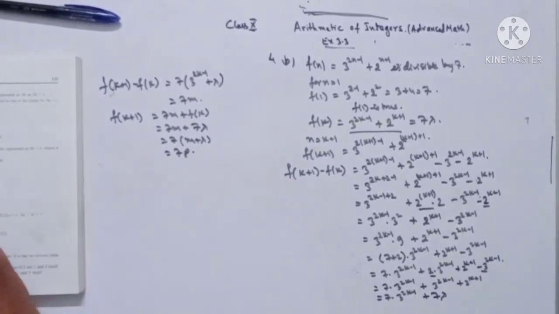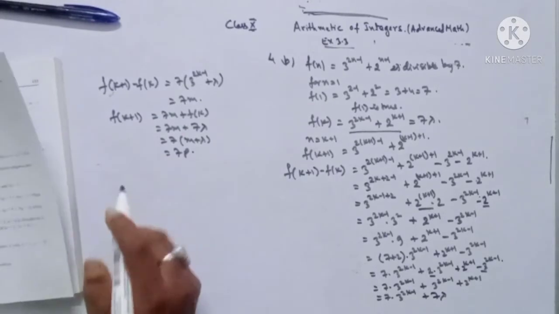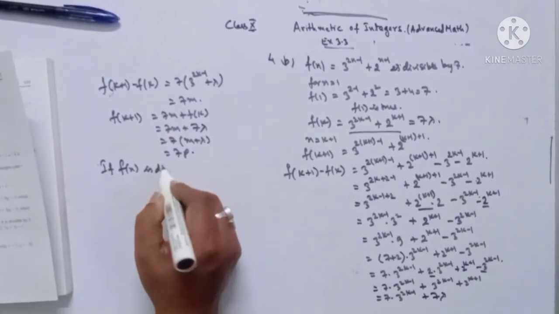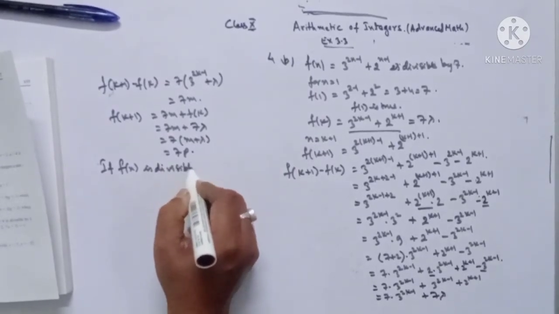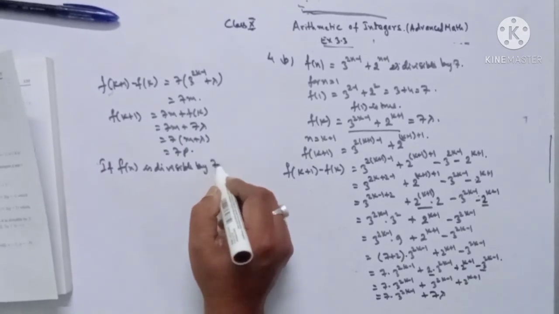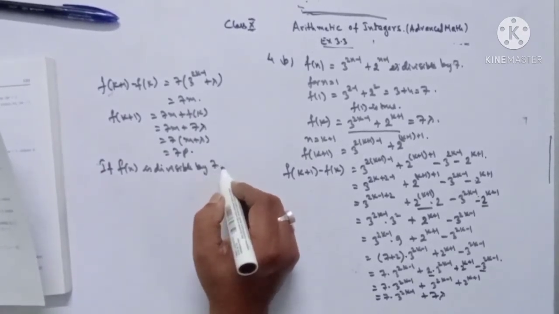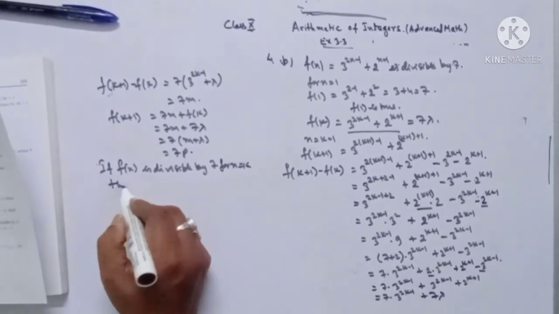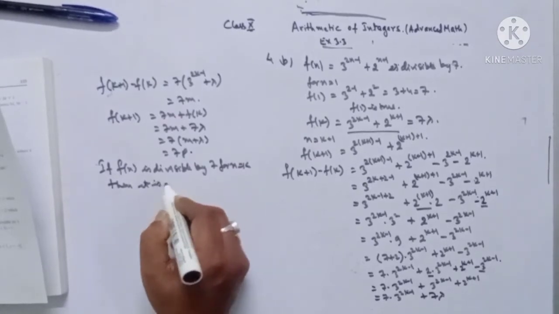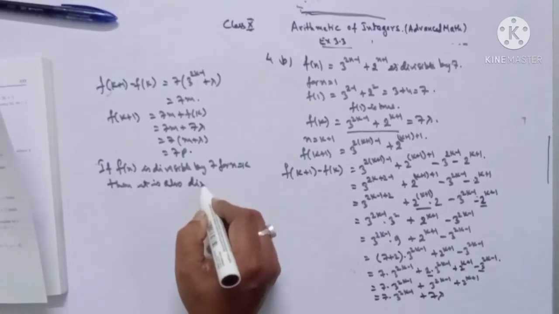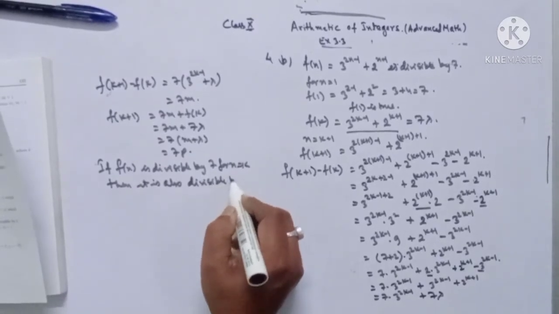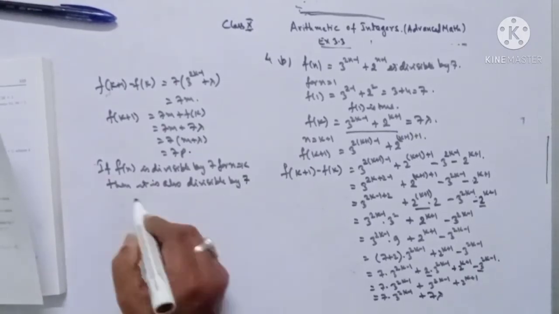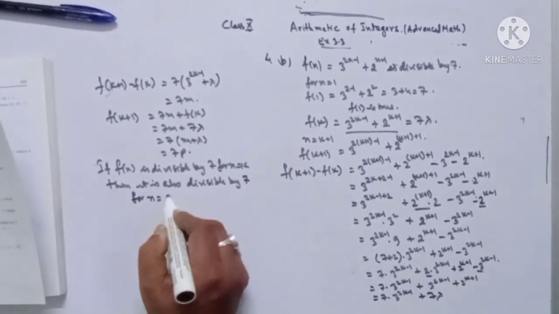So here again with the same statement, you have to write: if f n is divisible by 7 for n is equal to k, then it is also divisible by 7 for n is equal to k plus 1.